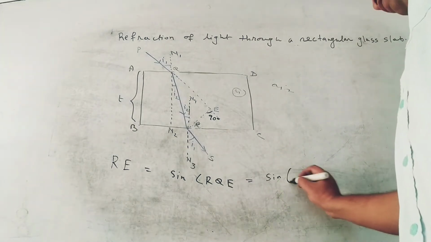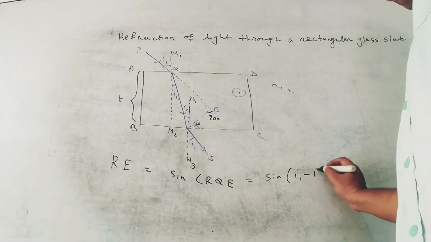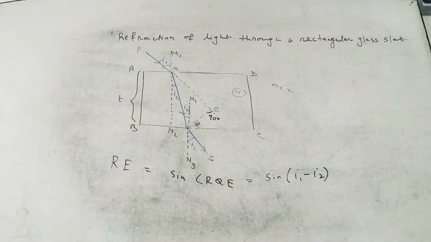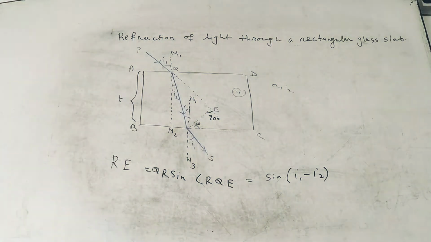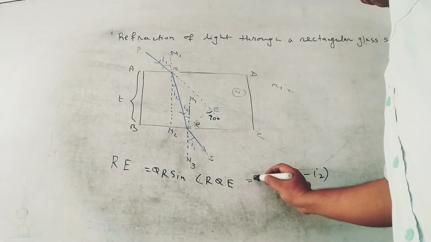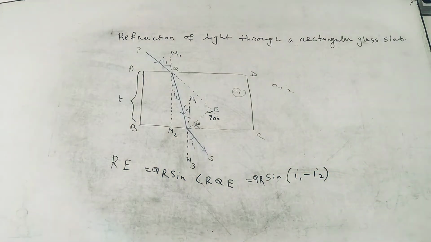This is equal to sine of I1 minus I2, where I1 is the incident angle and I2 is the angle of refraction. So RE is equal to QR into sine I1 minus I2.